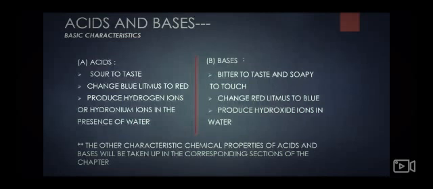Litmus is a natural indicator which shows color change in acidic or basic medium. Another important point of acids is that acids produce hydrogen ions, or more correctly hydronium ions, that is H3O+, in the presence of water.